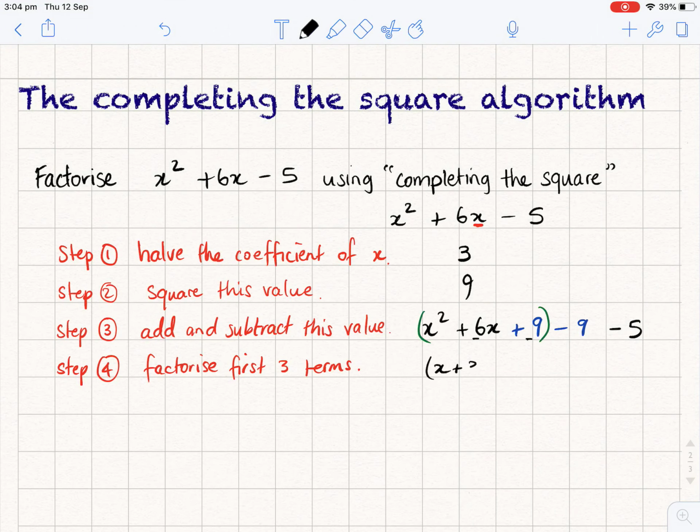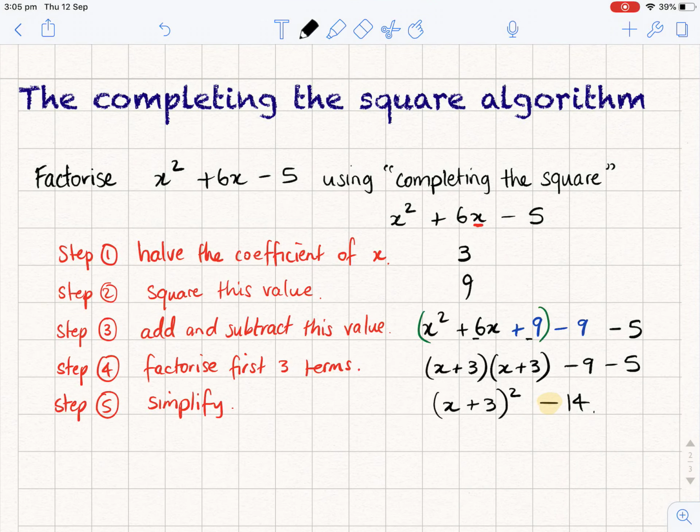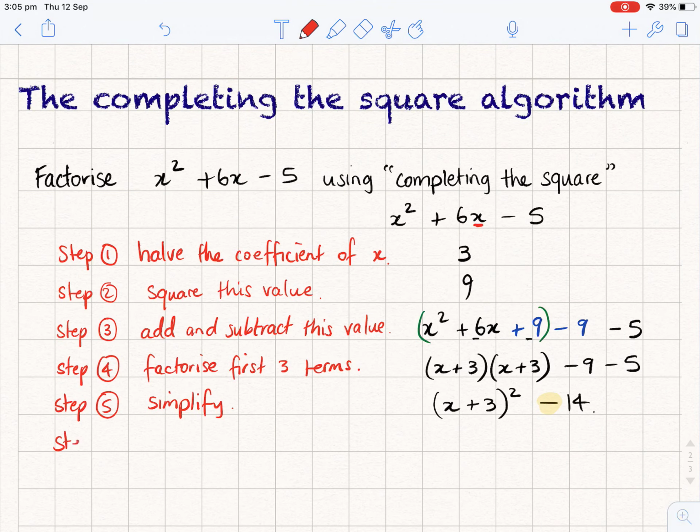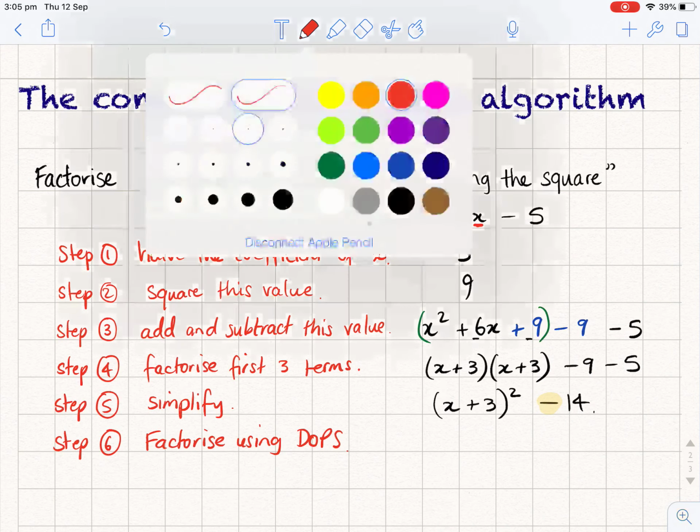Now if you end up in this position where I have the difference of 2 squares, then I can go one step further and factorize using DOTS. And that looks like this.